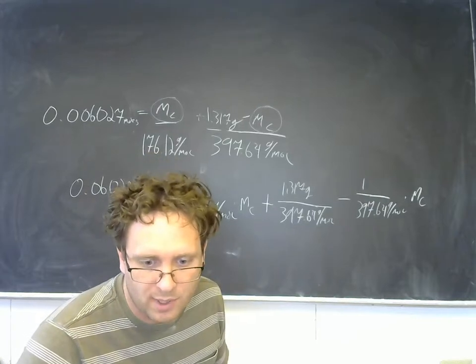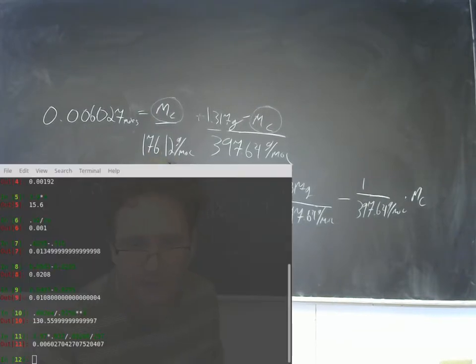Okay, so we'll pull up the calculator, and what I'm going to do is take 0.06027, and I will subtract that quantity of 1.317 divided by 397.64.